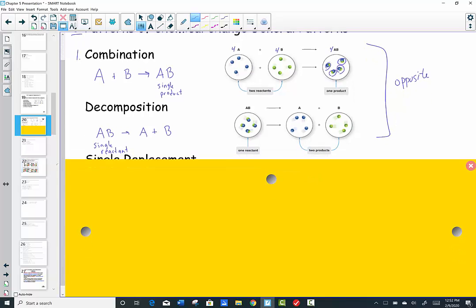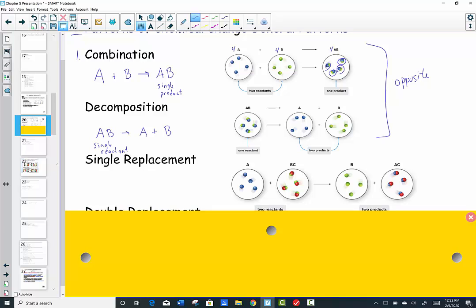Combination and decomposition. The third pattern is known as a single replacement. This is where we take an element and react it with a compound to produce a new element and a new compound.